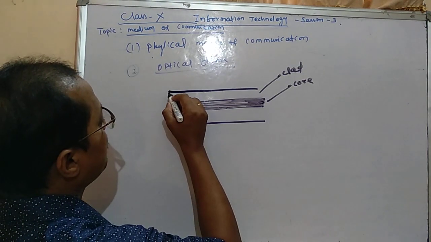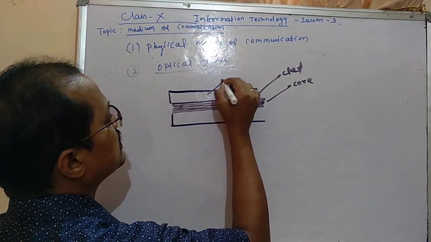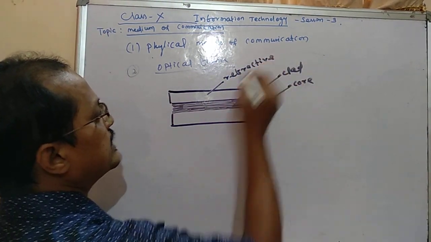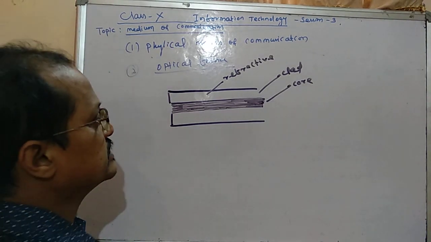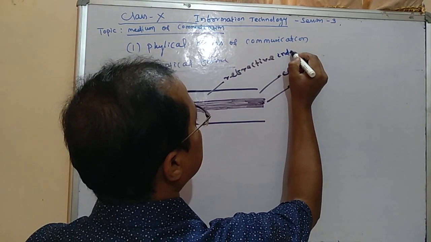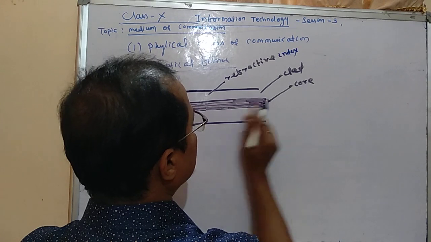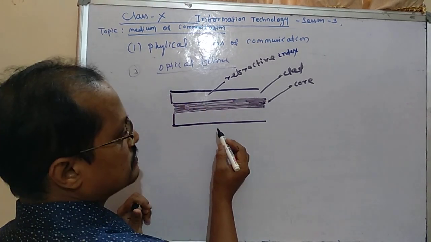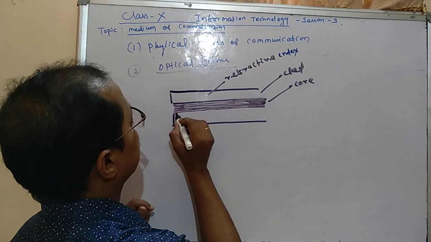Its refractive index is different; you already know refractive index from physics. These are all made of glass or fiber.